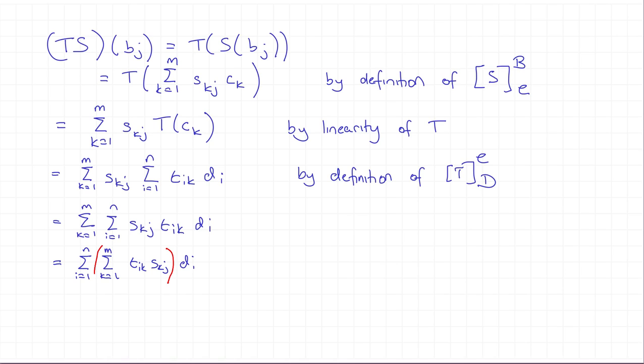This stuff in the middle doesn't involve d_i, so it is the coefficient of d_i: the sum from k equals 1 to m of t_ik times s_kj. You should recognize that as the formula that's used when you compute the product of two matrices.